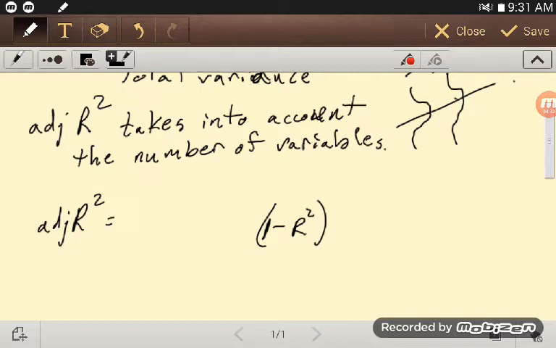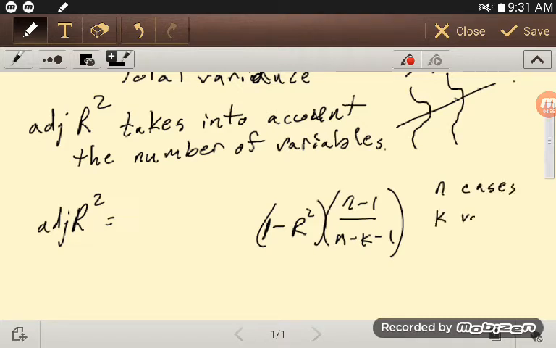And then we multiply that by n minus 1 over n minus k minus 1. Now k is the number of variables, so again n is cases, k is variables.